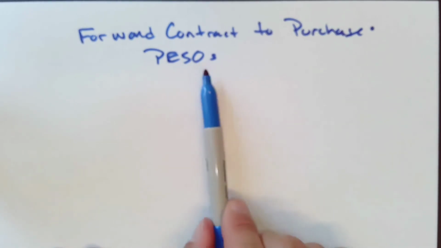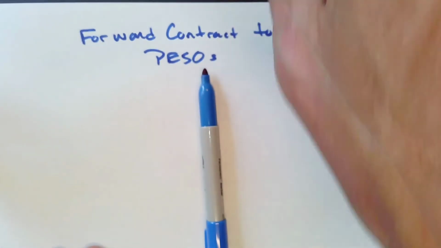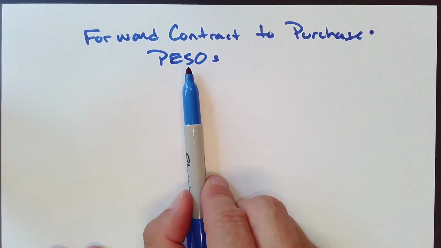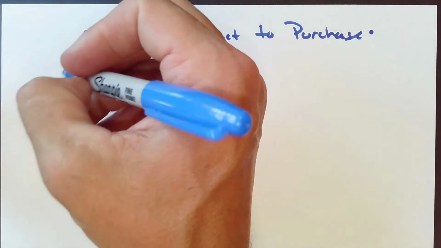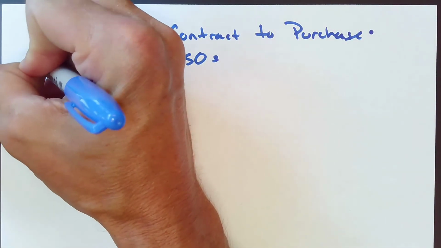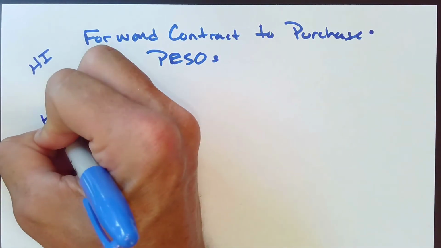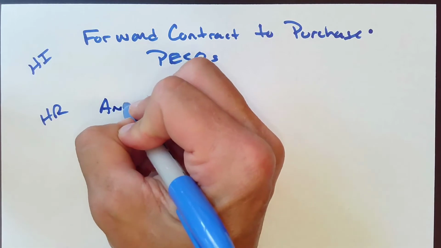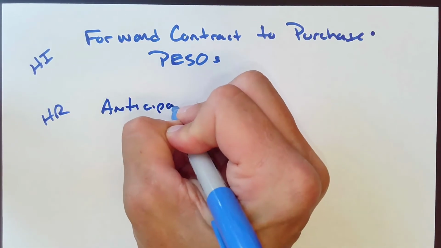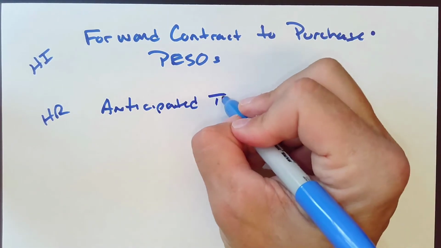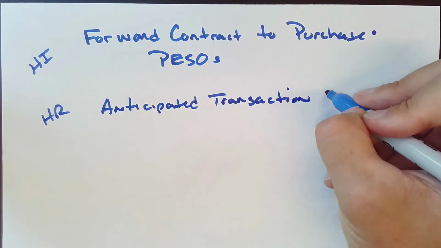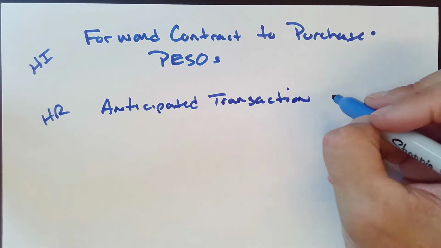Sorry about that. There we go. That's the derivative. So that's our hedging instrument. The hedged risk is the anticipated transaction. Buying inventory using pesos.